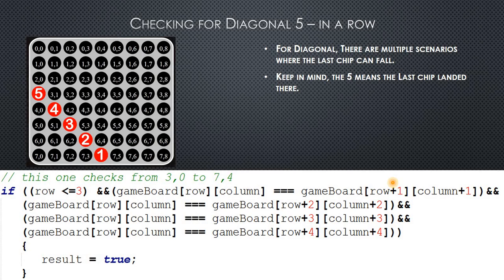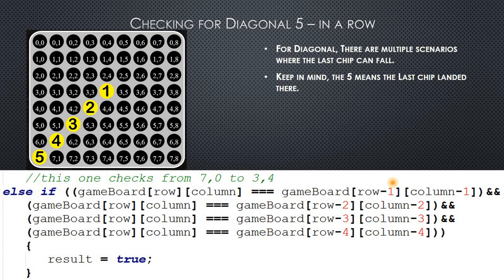And we had to add or subtract columns for this diagonal. Then we want to go from 7-0 to 3-4, so we're going from 5 to 1 still, in that order.